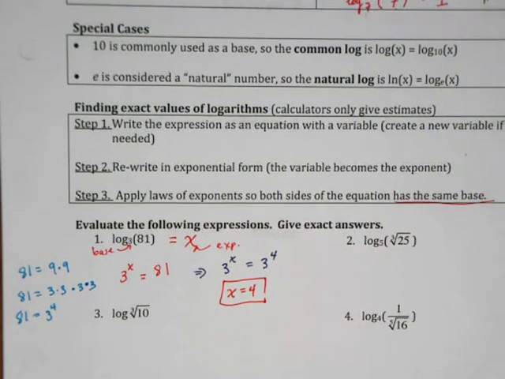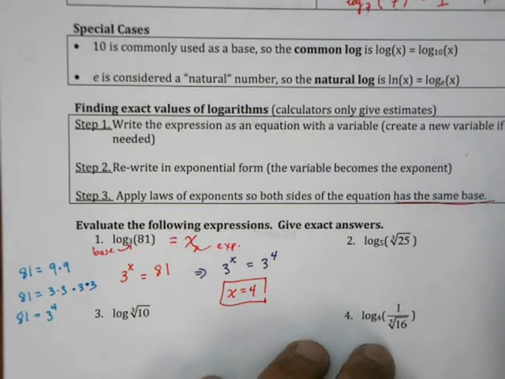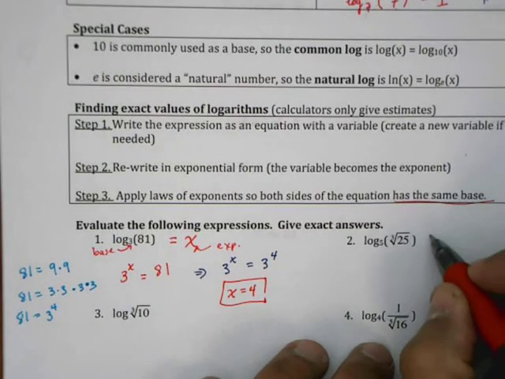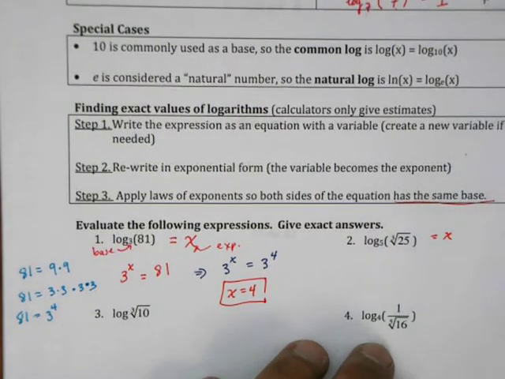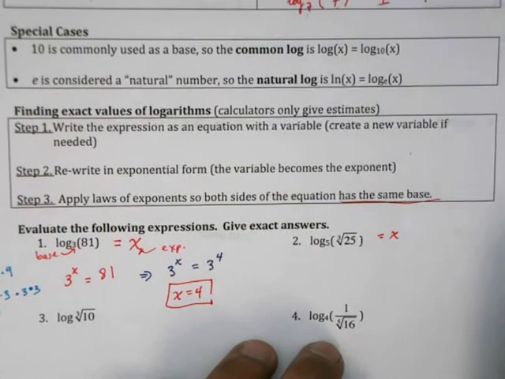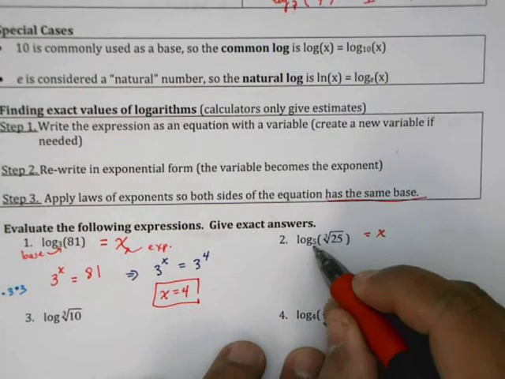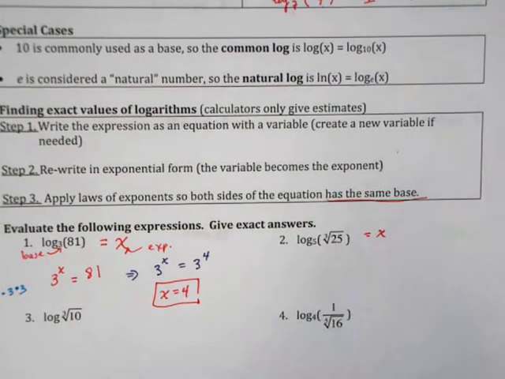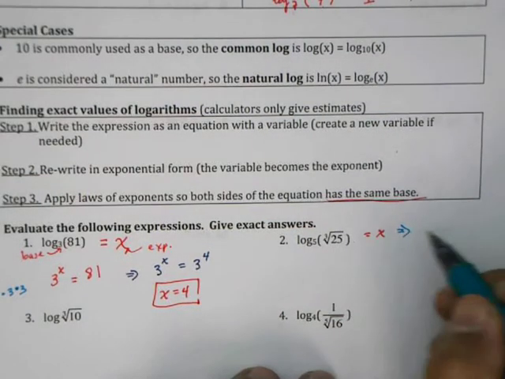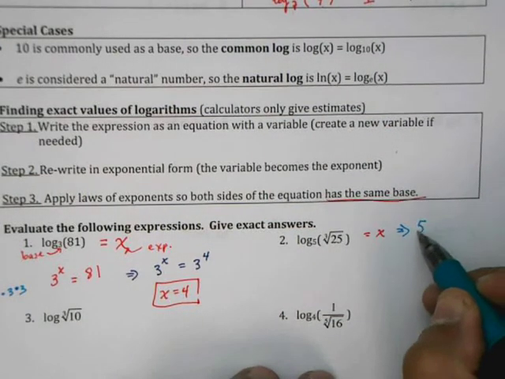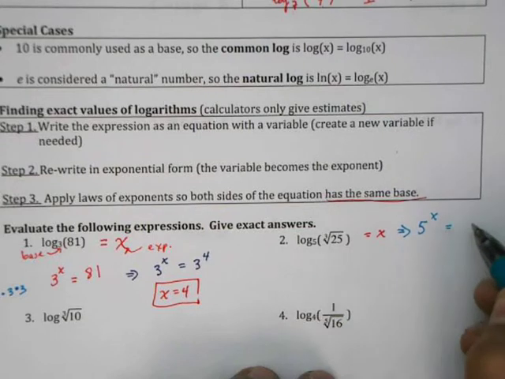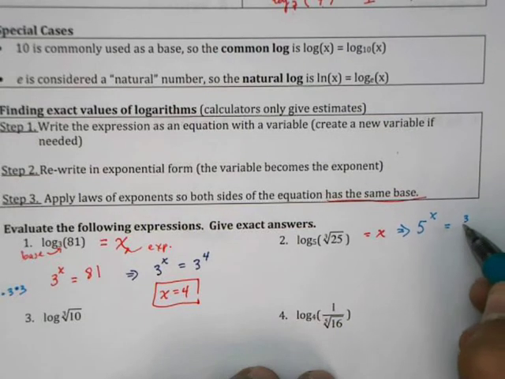Same thing as I did before, we're going to rewrite this as equal to x, and then convert this to exponential form. This is the base, so 5 to the x is equal to the cube root of 25.